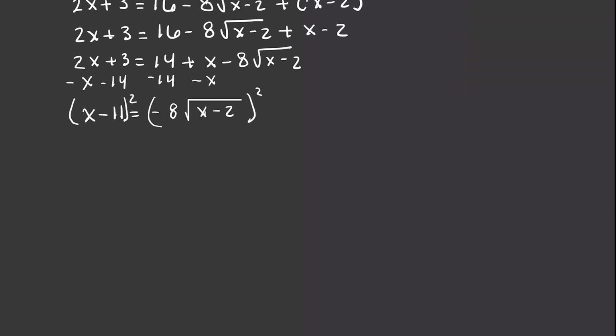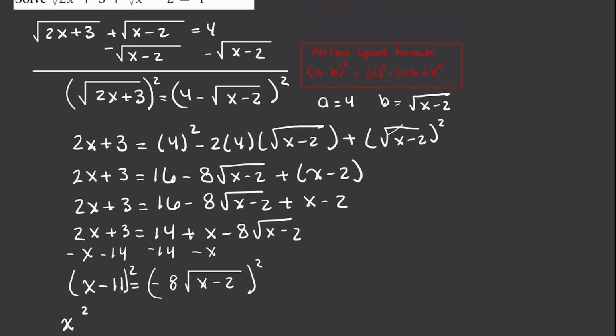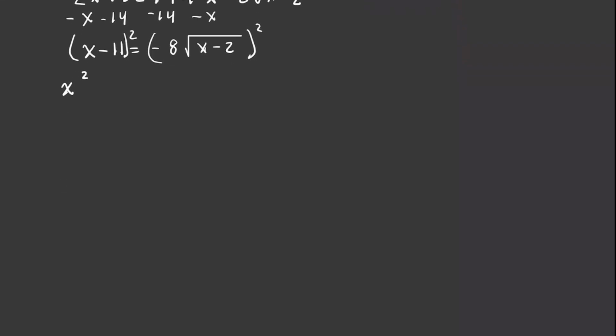So squaring both sides of the equation would get me x squared. Again, I'm using the perfect square formula for this. So it's x squared minus 2 times 11 times x, where the a term right here is x, and then plus 11 squared.